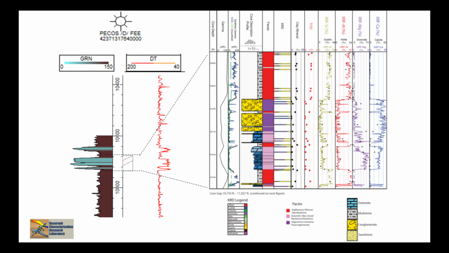If we look at TOC content, as in the previous example, there is up to 1 to 2% TOC in the mudstone interval, and low TOC in the carbonate interval. For the clay content, you have up to 18-20% in the siliciclastic mudstone, maybe less than 5% in the carbonate.